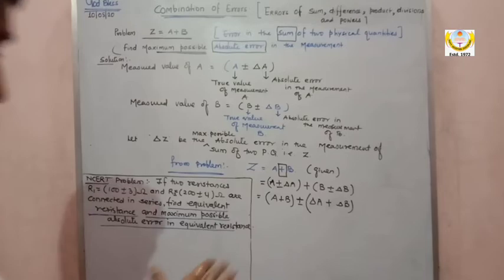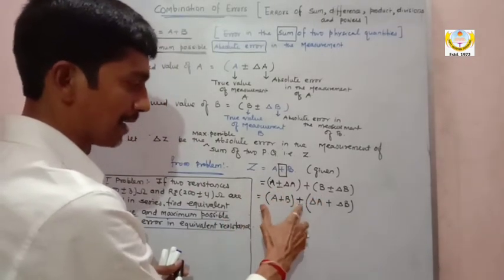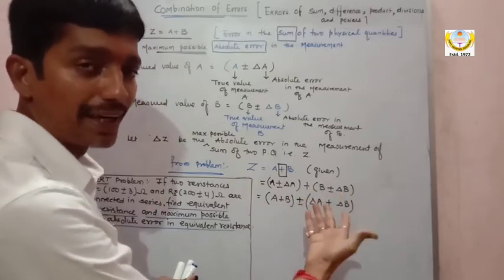So this is A plus B, because the true values are added together. Here it is plus minus, because now I am adding the absolute errors.